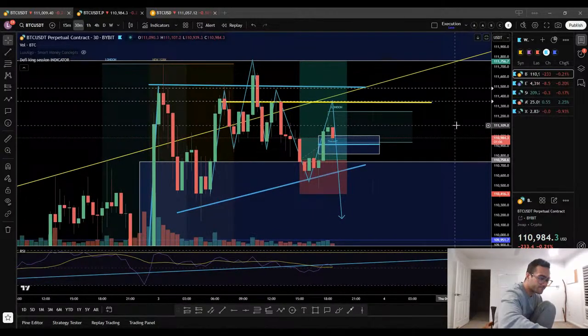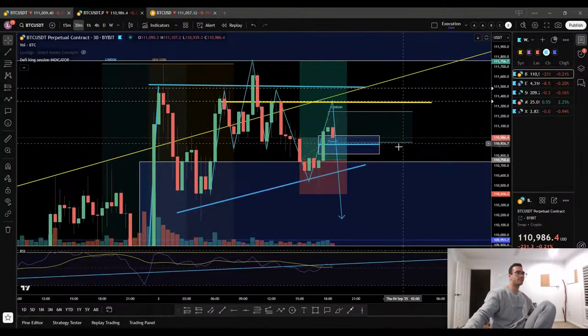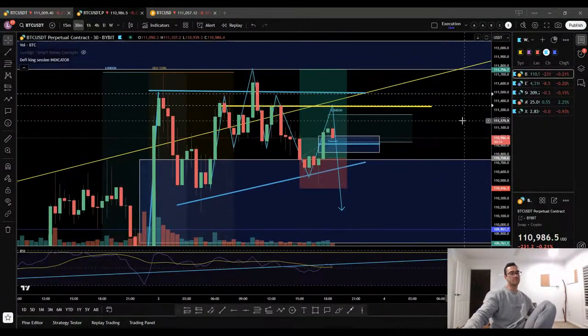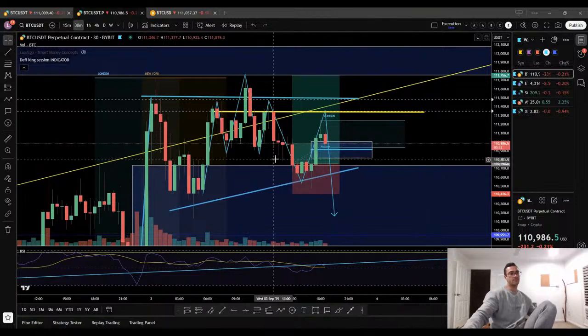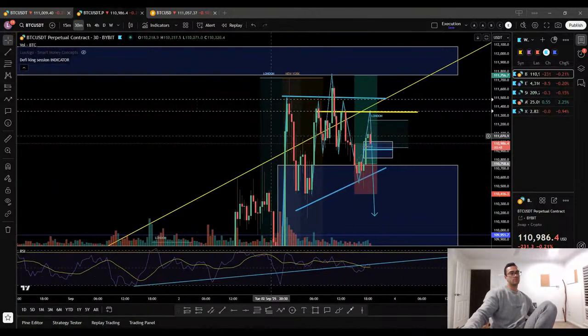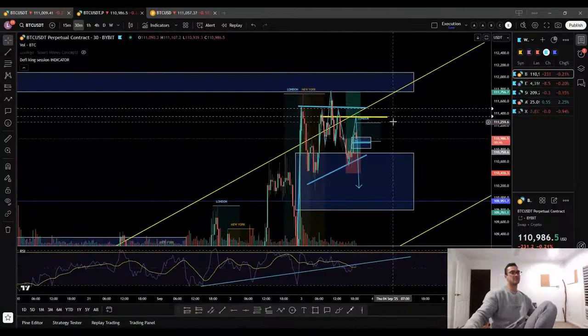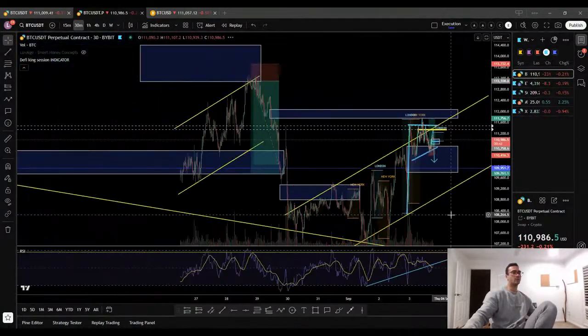Now, if I was looking at a trade right now, specifically because I'm still in one, I think tomorrow I'm going to fully start again and take away all of this stuff.